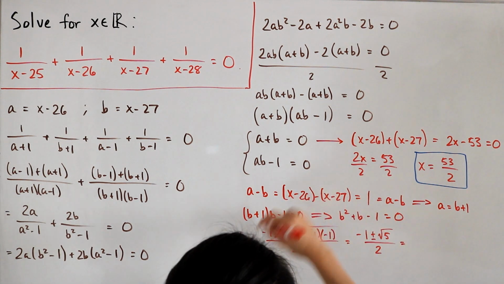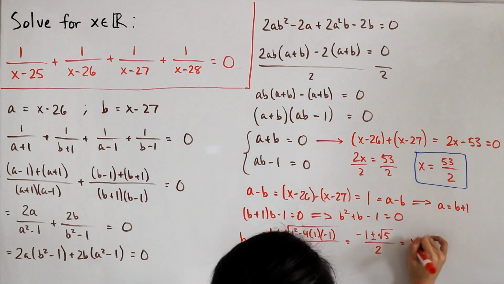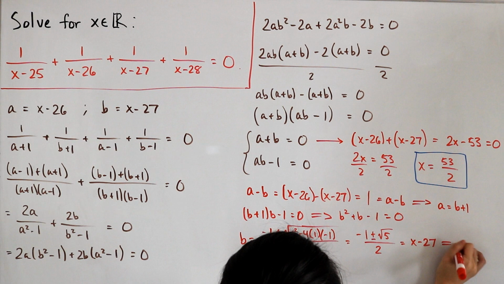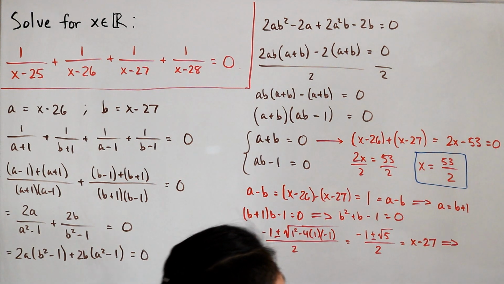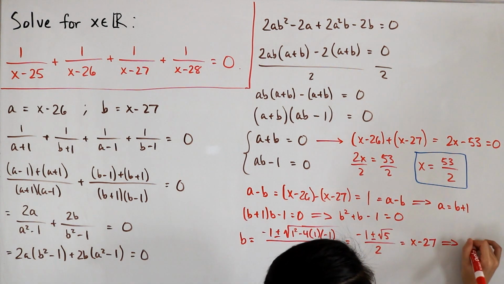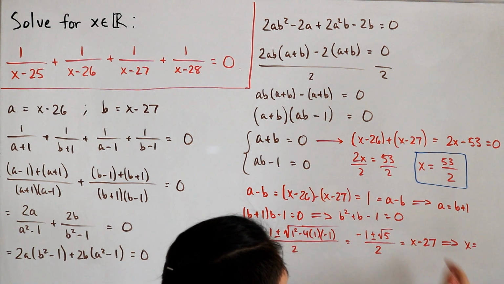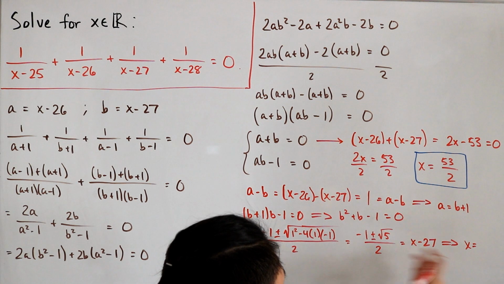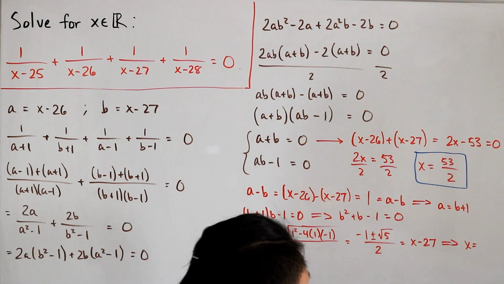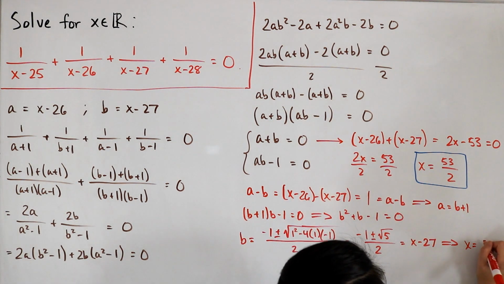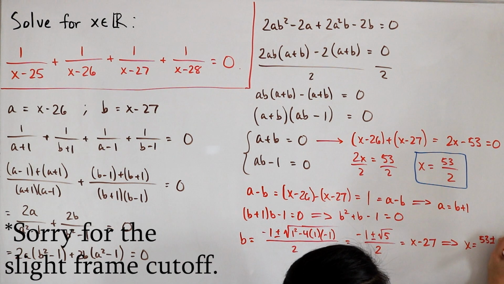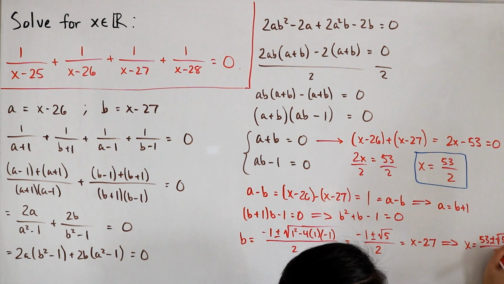So in other words, our b, we set that it was x minus 27. Then if you solve, you're going to get two different solutions with the plus and minus. So x is equal to plus 27, then get the same denominator, so that'll be plus 54 on the numerator, and then add that. So now we have 53 plus or minus the square root of 5 divided by 2.